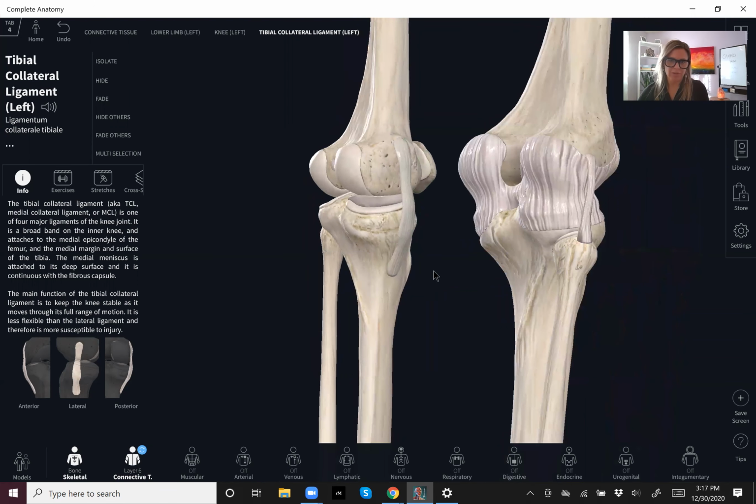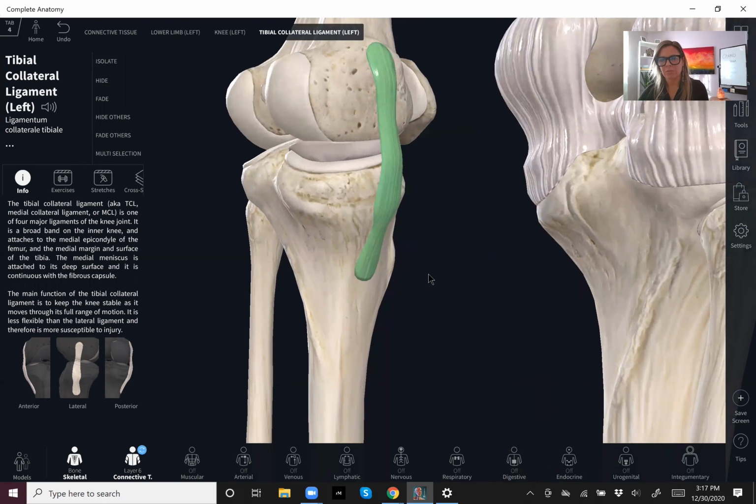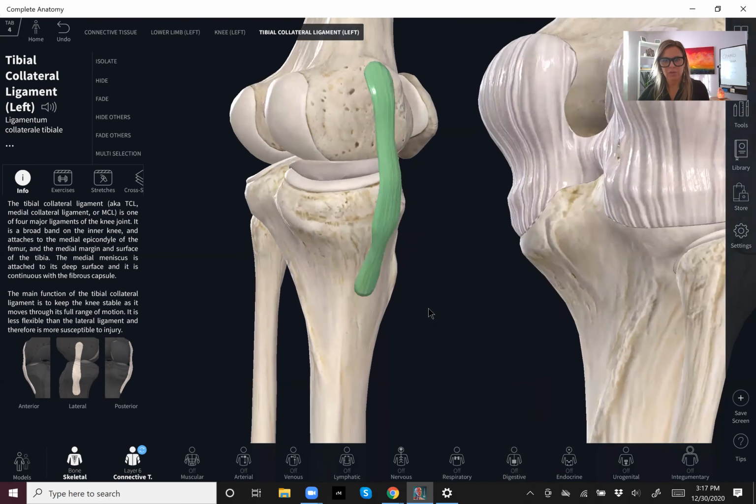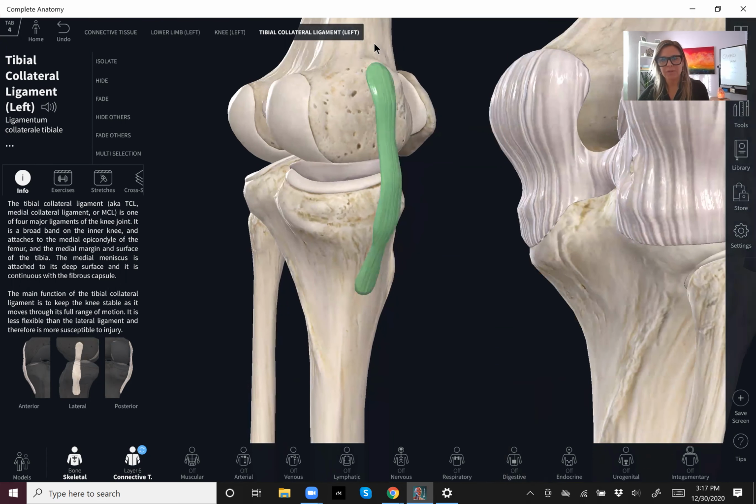So now we're going to look at ligaments. It's a little harder here, so I'm going to zoom in for us, scoot it over. And this right here, we're looking at the medial side of the knee. So this is sort of a medial posterior view, the back side of the knee joint. And then here is the inside of the left knee.